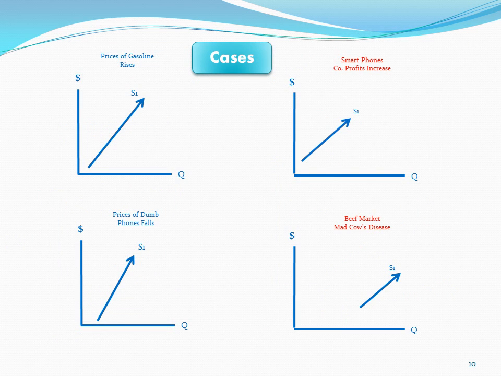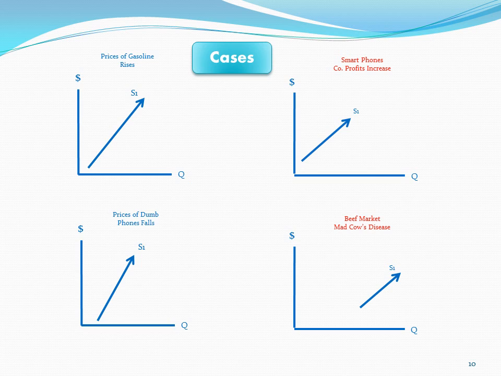So let's look at a couple cases here. I think you can fill it in. Up at the top left, we have prices of gasoline. So if the price of gasoline rises, you already had the intuition of how you would behave, but what's the intuition you have for suppliers? Well, that's probably fairly clouded by your opinion of oil companies or big business or the things that you've been sensitive to.